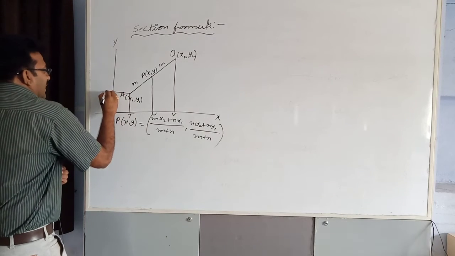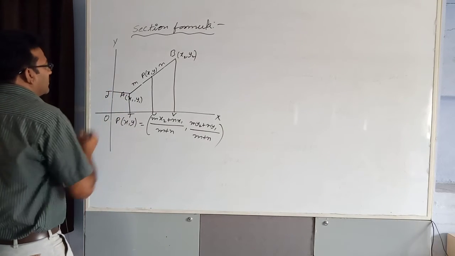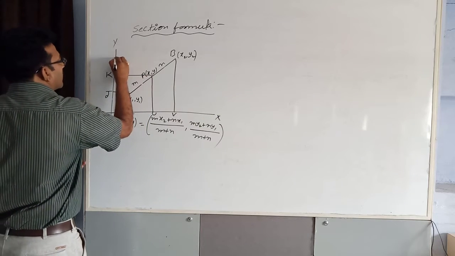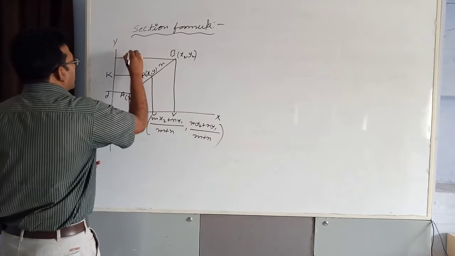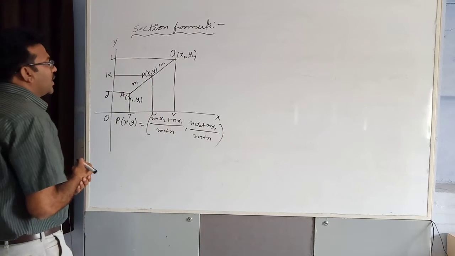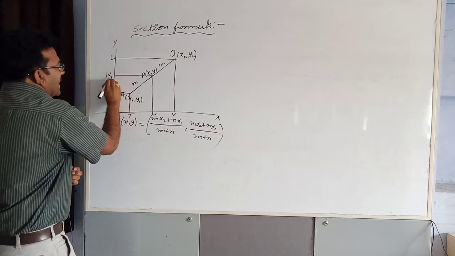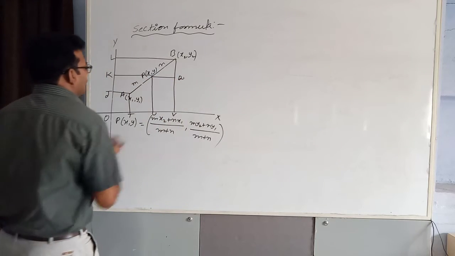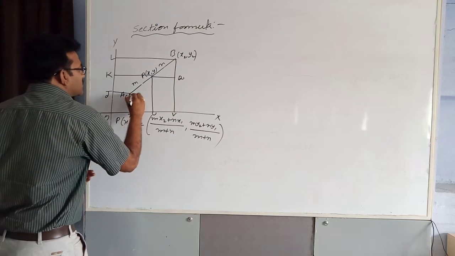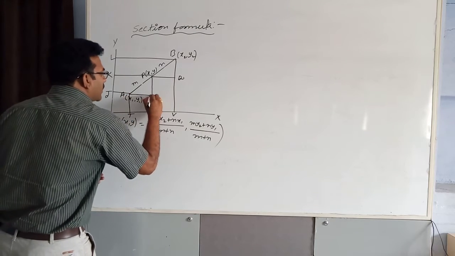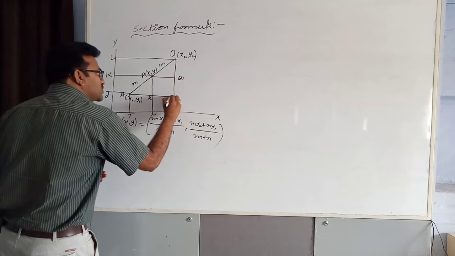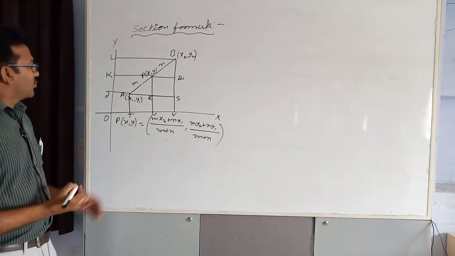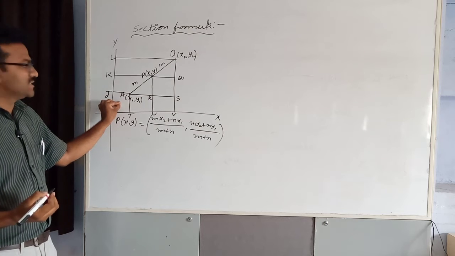and these can be taken as J, K, L. Now here KL is produced to Q. Here JA is produced to R and further produced to S. Next, we are going to write the lengths.